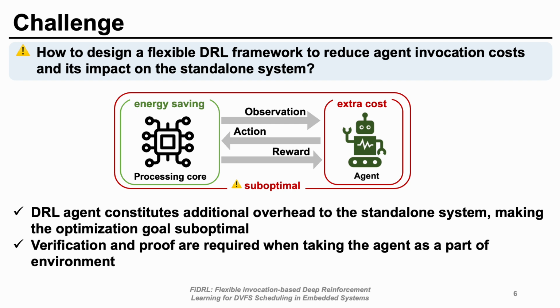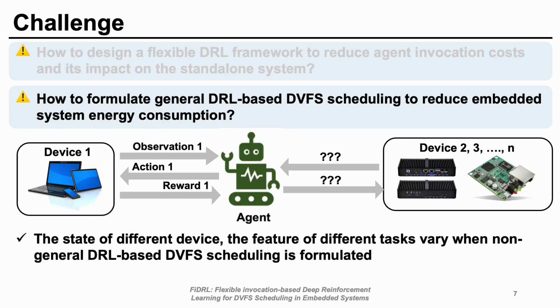We need to make the framework aware of this and verify its effectiveness when taking the agent as a part of the environment. In terms of using DRL to help DVFS scheduling, the next challenge is how to formulate this kind of DRL-based DVFS to reduce the overall energy consumption. We need to think about a general way to adapt to different kinds of devices or tasks.